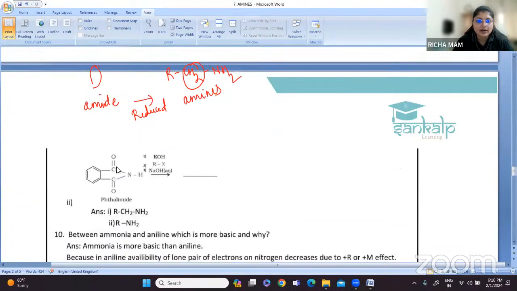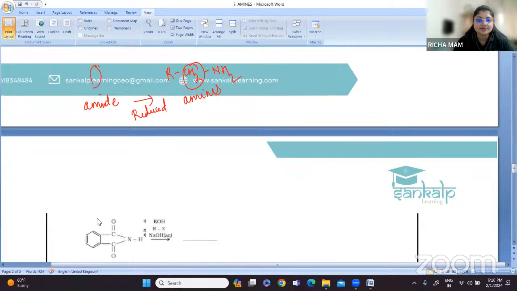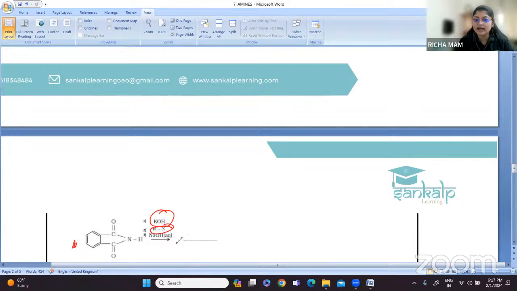Fine. Okay, next question here. A phthalimide is taken. See this particular equation at the bottom. Phthalimide, you react it with KOH, then alkyl halide, and treat it with NaOH.